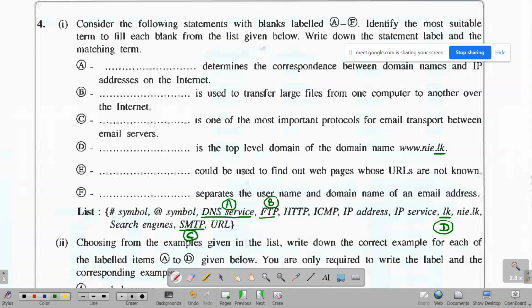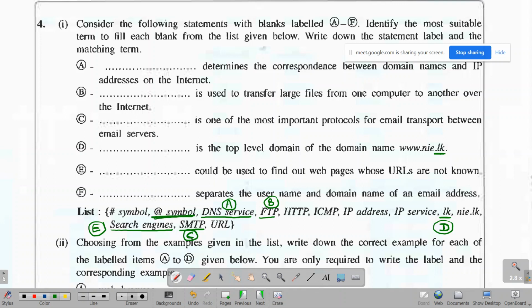And the blank could be used to find out web pages whose URLs are not known. If we don't know the URL, we take a search engine and check it. So that's E. In F, it says separates the username and domain name of the email address. So we know it's the @ symbol.